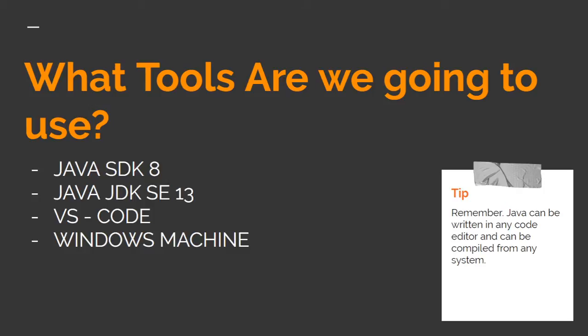VS Code is actually an IDE or integrated development environment. It is used for editing several programming languages, but we are going to use it for editing Java programs and compiling them. And Windows machine means we are going to compile the whole thing in our Windows machine.